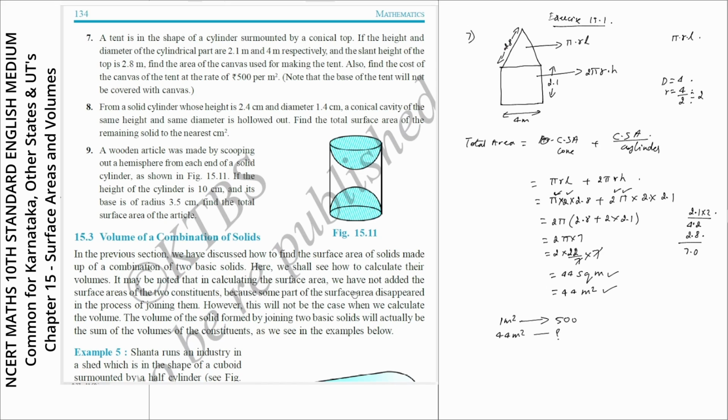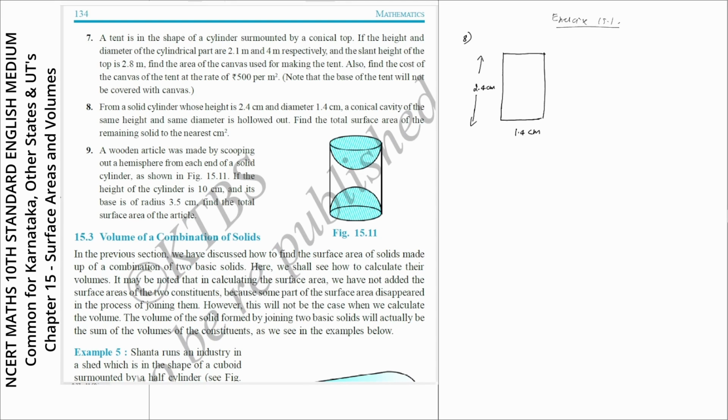It is very simple, just cross multiplication. 44 into 500 by 1. 4 5s are 20, 4 5s are 20, 21, 22, 220 and 00. So this many rupees, 22,000. So rupees 22,000 is the answer.